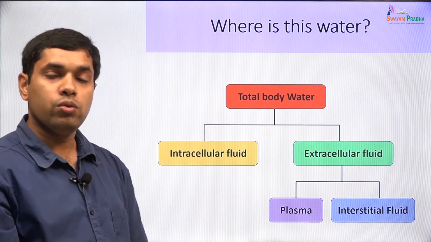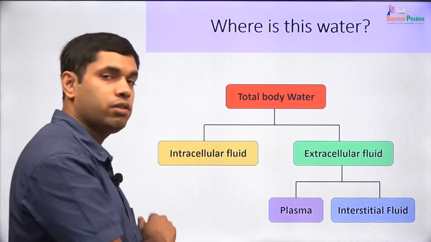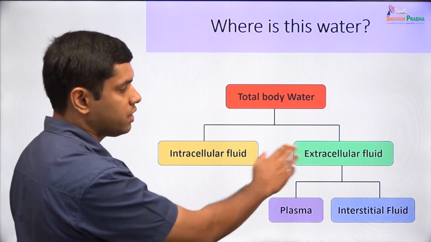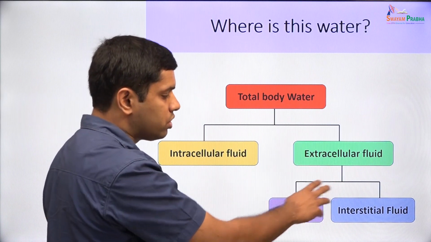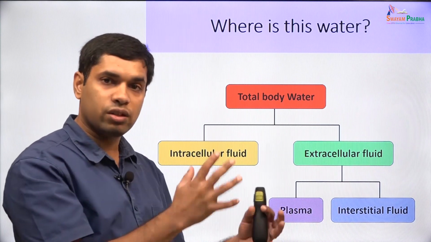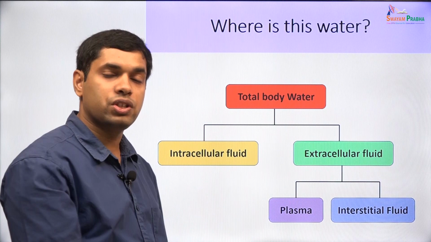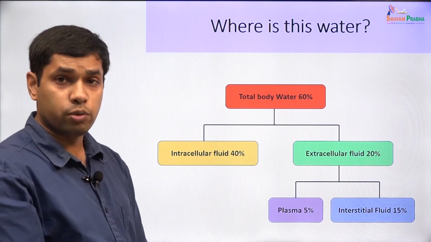So, we could classify body fluids into the intracellular fluid, which is within the cells, and the extracellular fluid, which is outside the cells. The extracellular fluid is divided into two compartments: one is the interstitial fluid, which is the fluid outside the cells, and the other is plasma, which is the fluid portion of blood.